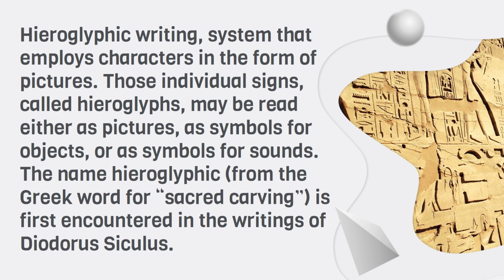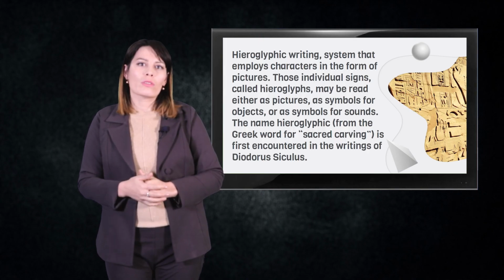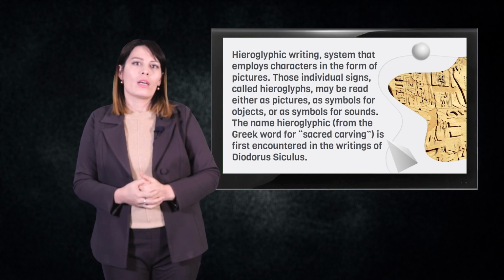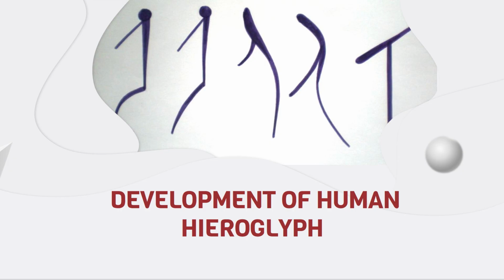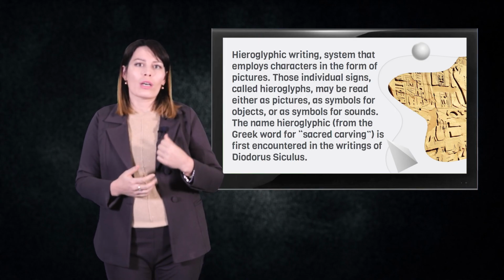Let's take one example for hieroglyphic. If you look at this picture, you can see the development of hieroglyphs, which means the human hieroglyphs. At first sight, if you look at it for the first time, it was so difficult to understand the meaning of the hieroglyph.